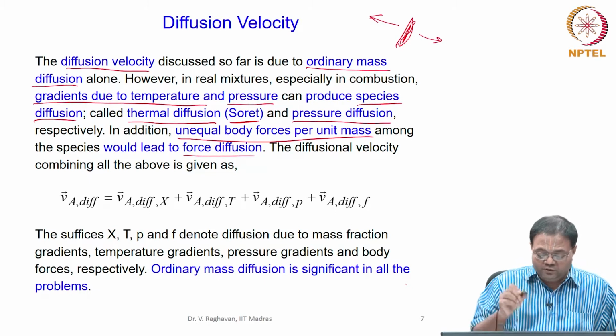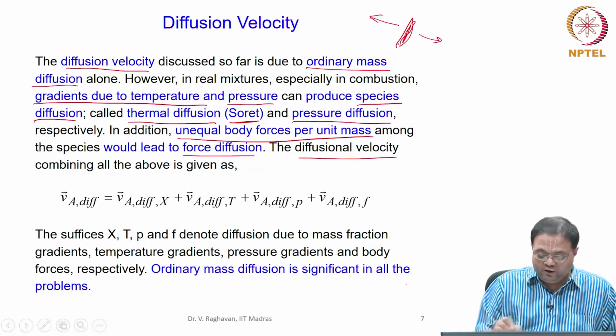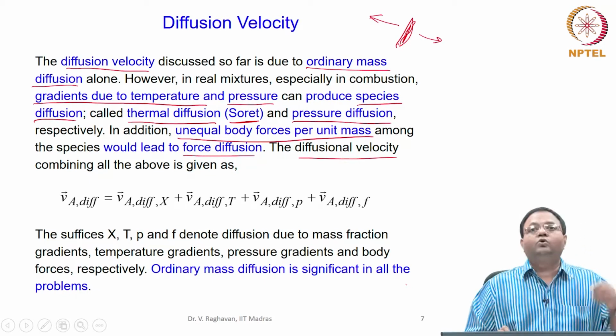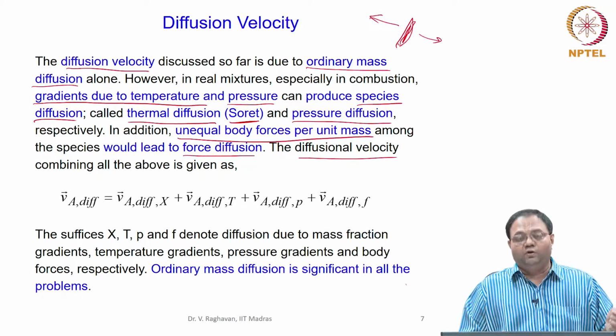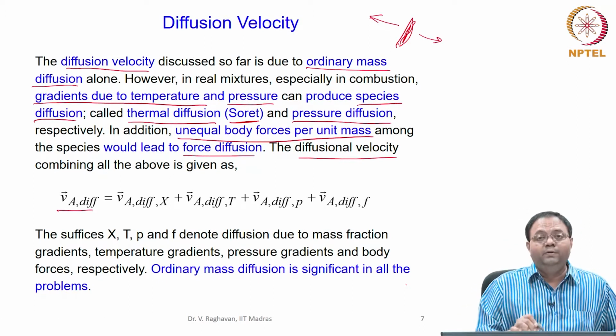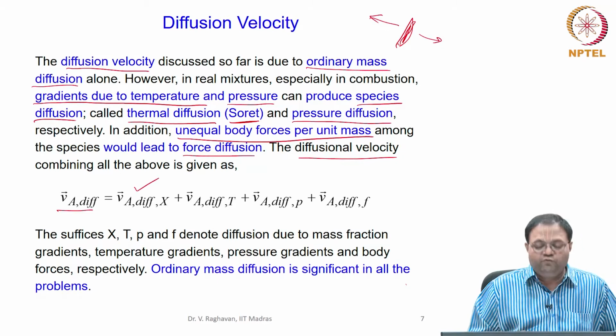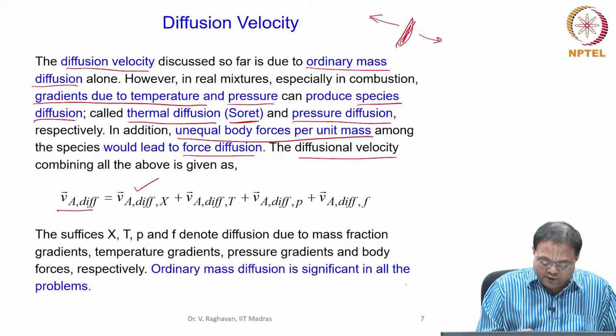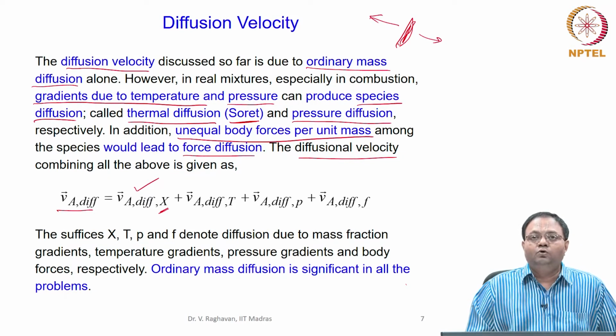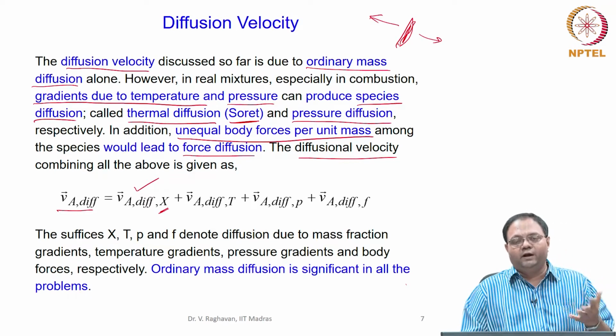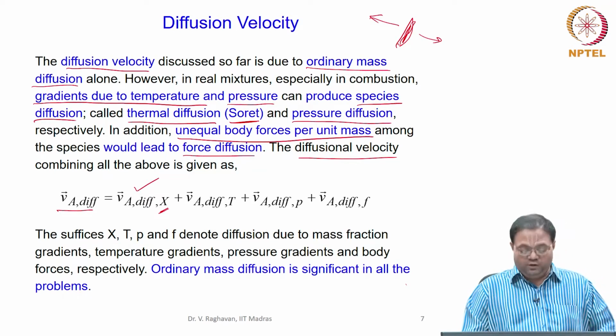Okay, now this means the species velocity that we are going to calculate will depend on the diffusion velocity due to concentration gradient. I put the suffix x to represent that this is the concentration gradient based diffusion velocity.